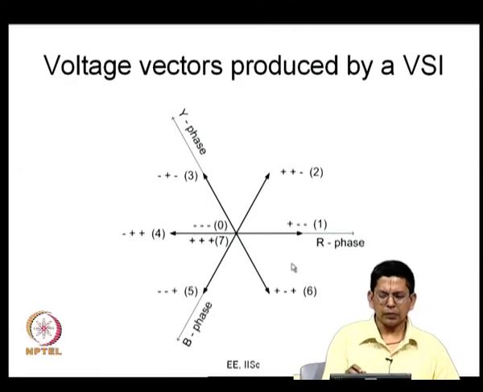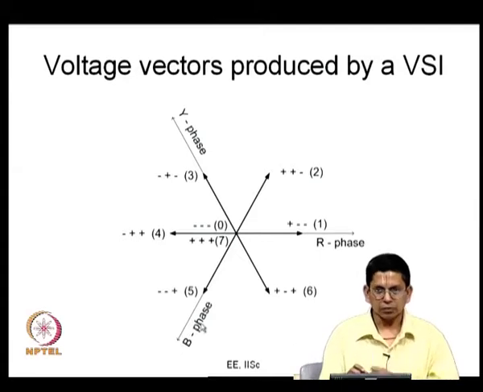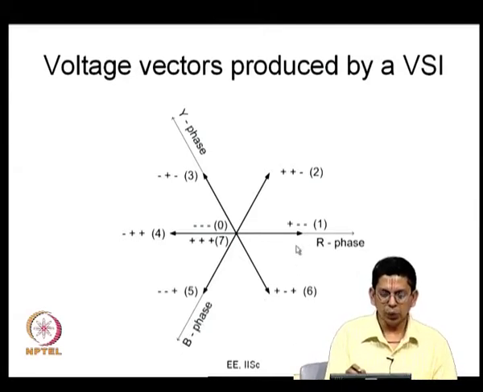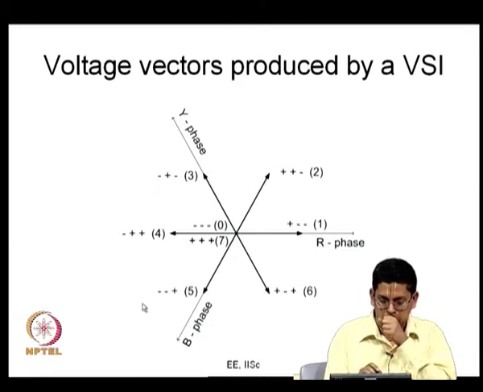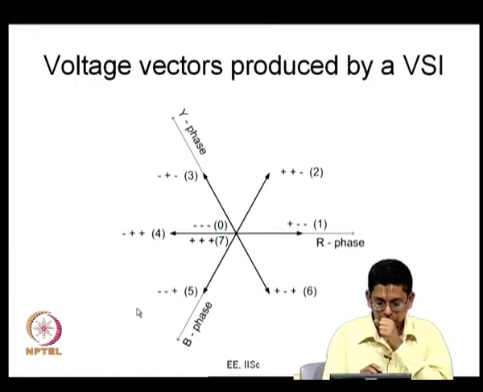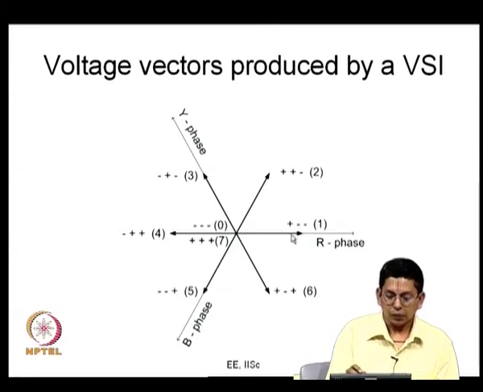Now, if this is your VRO, VYO, VBO, then you invert: instead of plus minus minus, you have minus plus plus, where all the three are inverted.